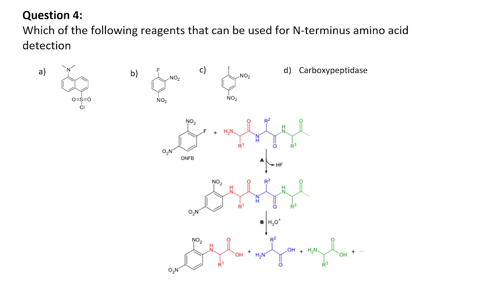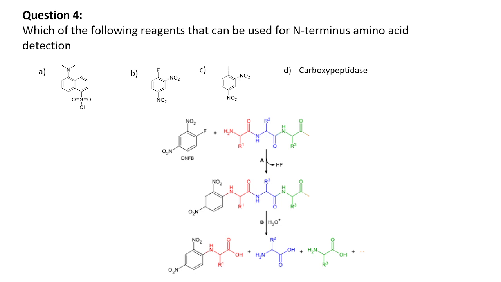Then we perform the acid hydrolysis of the peptide bonds. The amide bonds will break, and all the amino acids will be separated, so we'll have three different amino acids. The amino acid with the dinitrobenzene will be the N-terminus one, because the N-terminus amino group is free.